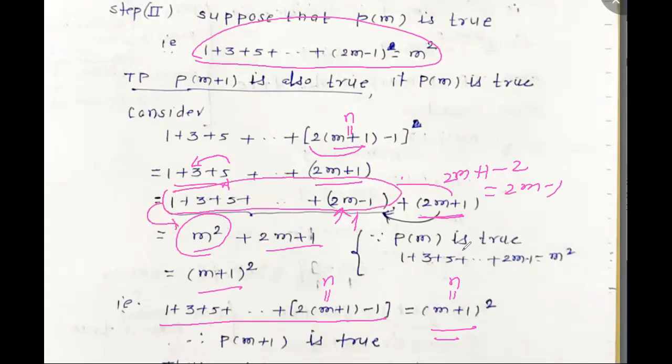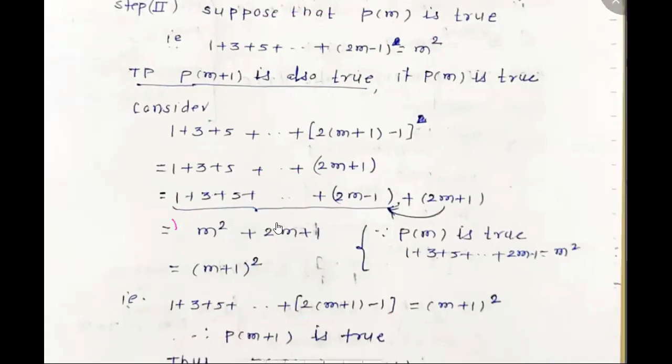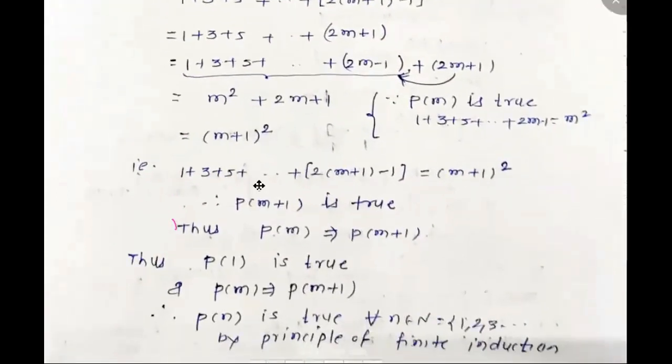P of m implies P of m plus 1. Thus P of m implies P of m plus 1. So two conditions we have shown: that P of 1 is true and P of m implies P of m plus 1. So by principle of finite induction, Pn is true for all natural numbers.